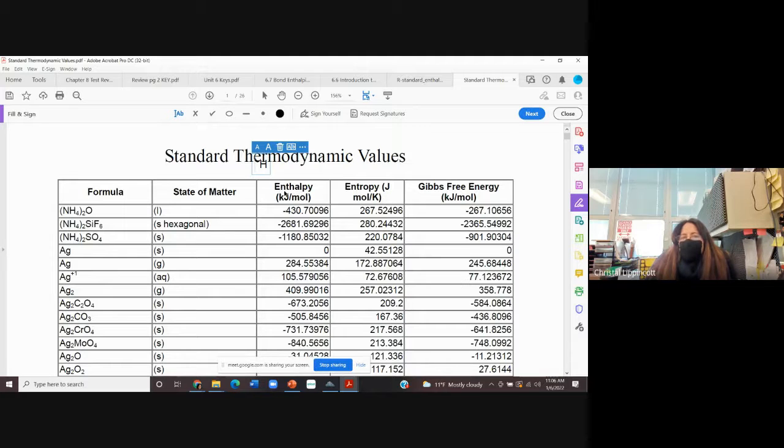Where it says enthalpy, write in delta H, or where it says capital H, write in enthalpy. Do you have a capital S there? Write in entropy where it says S. Do you have a big G? Write in Gibbs free energy.